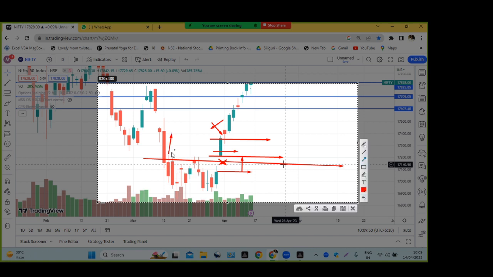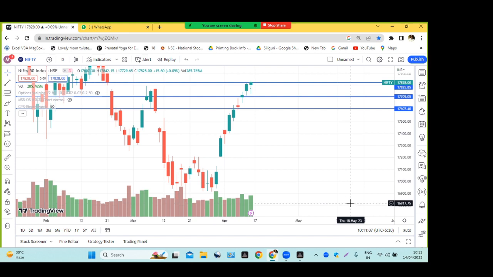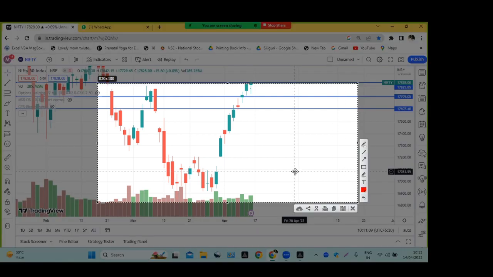Everyone here has some stop loss. These sellers all have stop losses, and all those stop losses are triggered over here. Because of those stop losses, there is a huge rally coming toward the opposite side. Correct? So in this way we can definitely go for an uptrend.